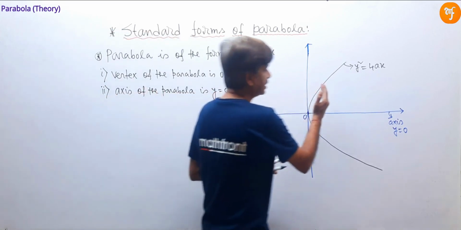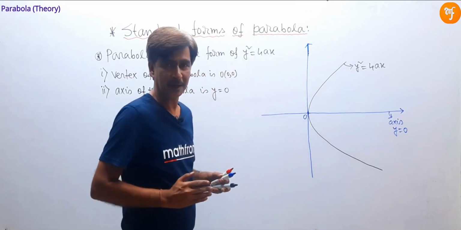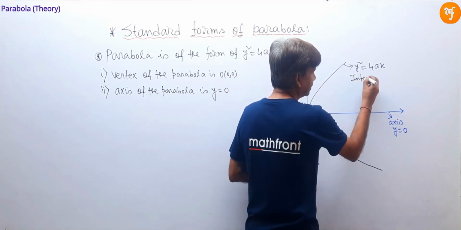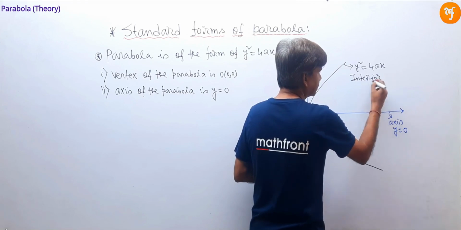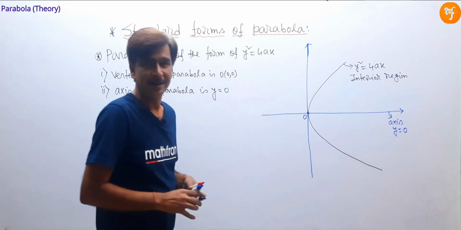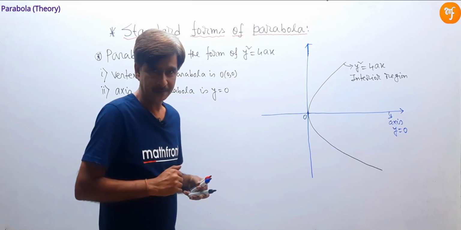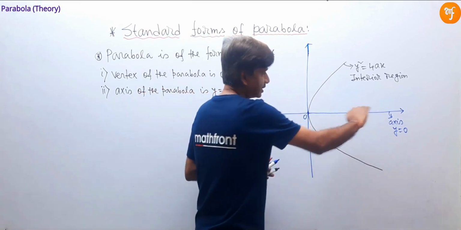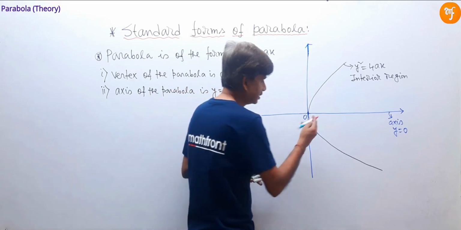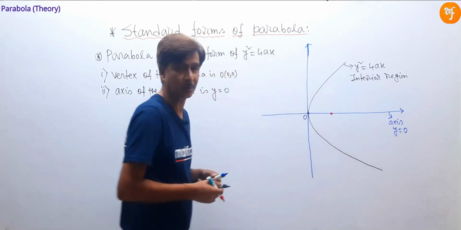Now this is the interior region of the parabola and this is the exterior region of the parabola. You just write interior region. Now at the interior region, on the axis of the parabola, there is a fixed point which is known as the focus of the parabola.